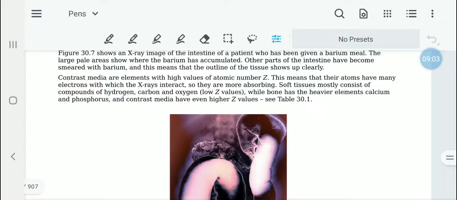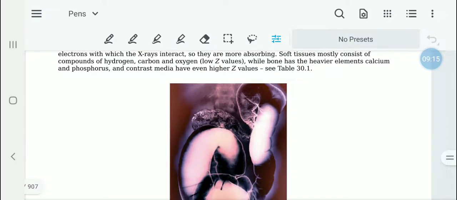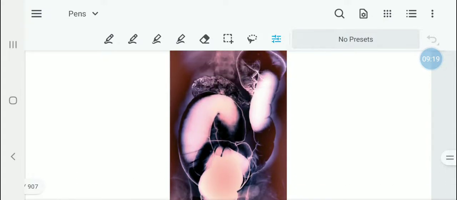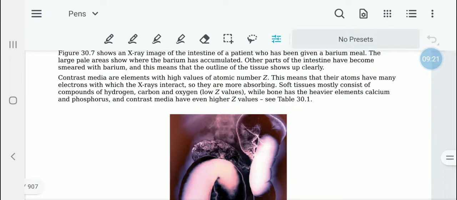In other parts of the intestine also barium is present. So as a result, we can see the outline of the tissue very clearly. But if barium had not been taken, it wouldn't have been shown like this, because the outline would not be seen by us. So if there is any tissue damage, we can see this very clearly.